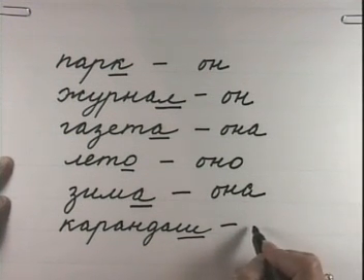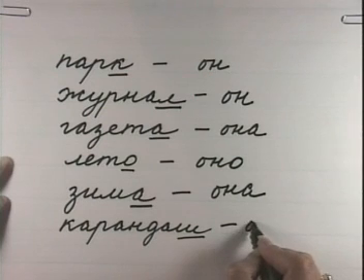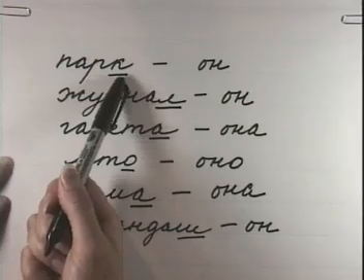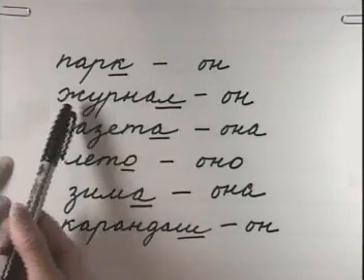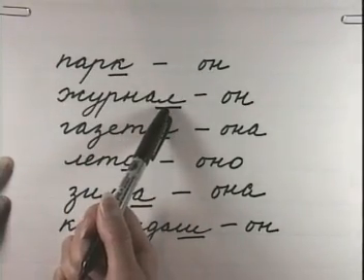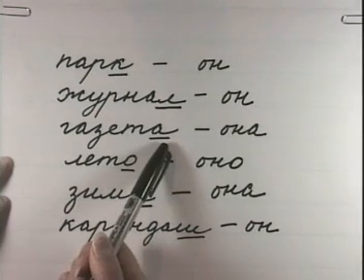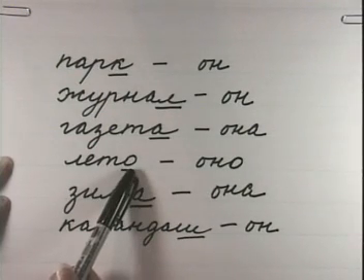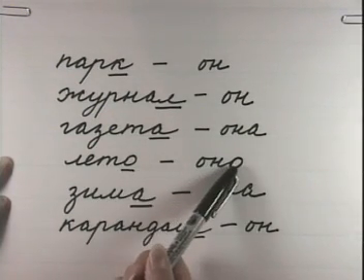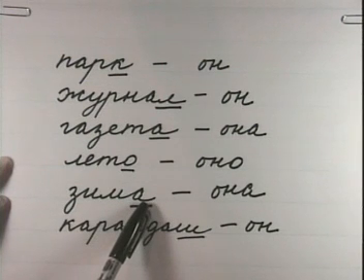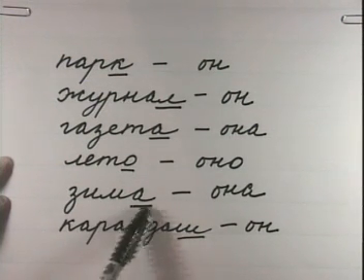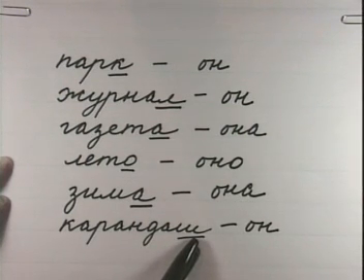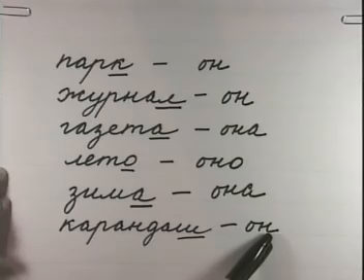And if we need to, we can replace it with the pronoun он. Парк, masculine, он. Журнал, masculine, он. Газета, feminine, она. Лето, neuter, оно. Зима, feminine, она. And карандаш is masculine, он.